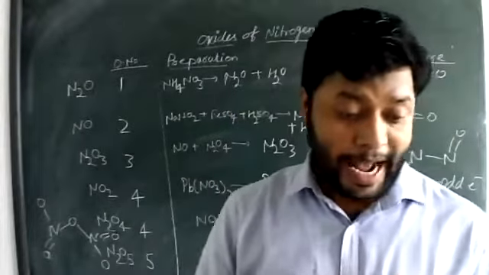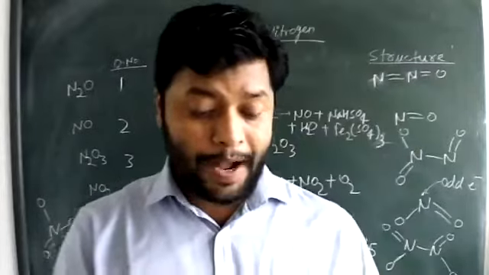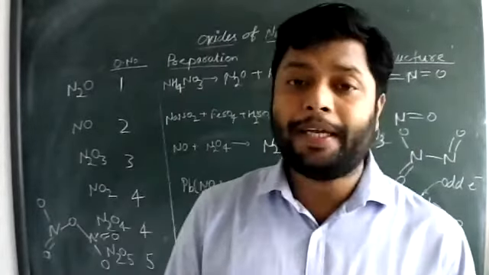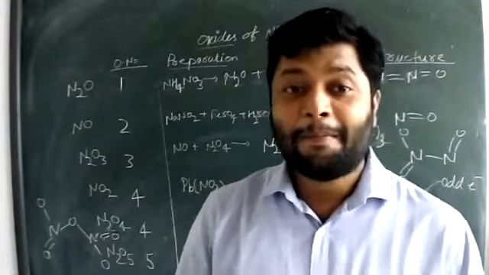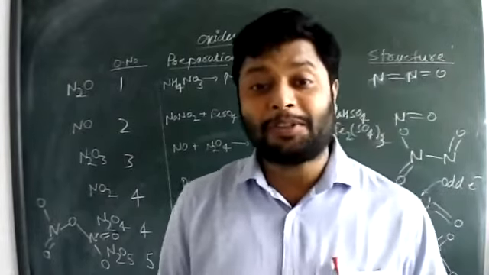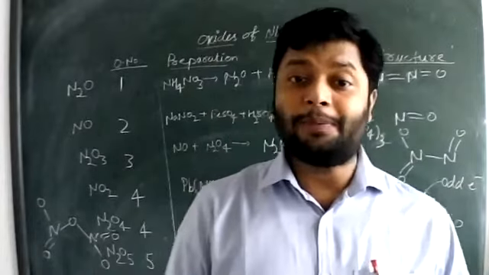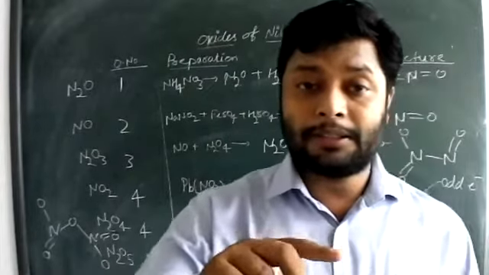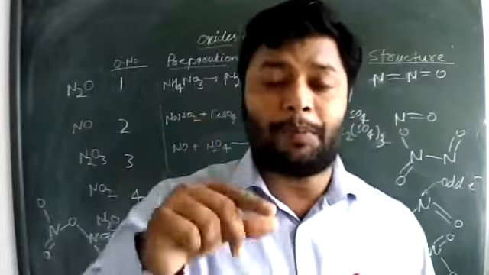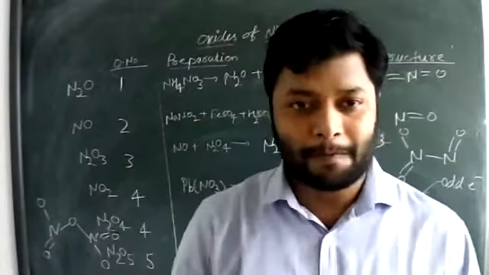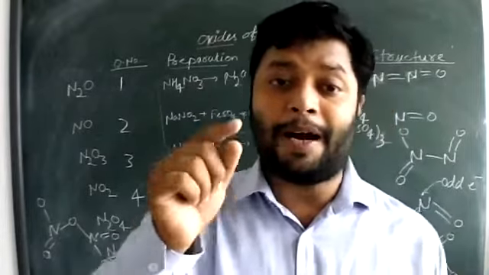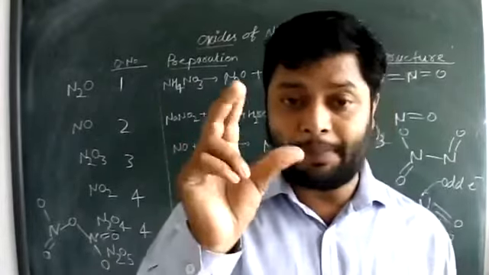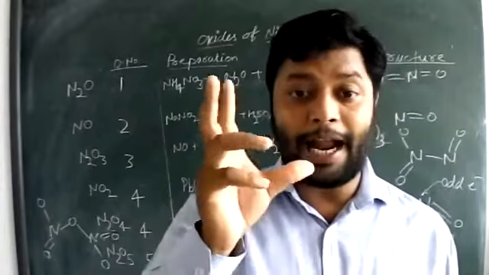Nitrogen exists as a diatomic molecule and phosphorus as P4. Why? Because of the increase in size, the multiple bonding in phosphorus will not be stable, because of its large size.